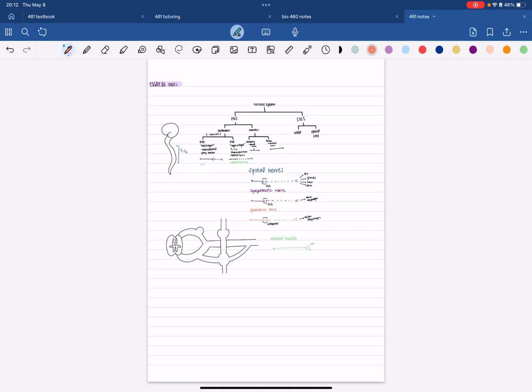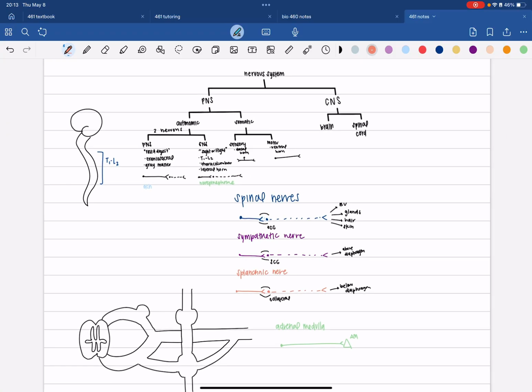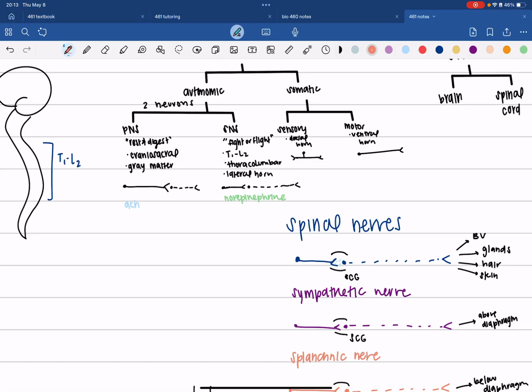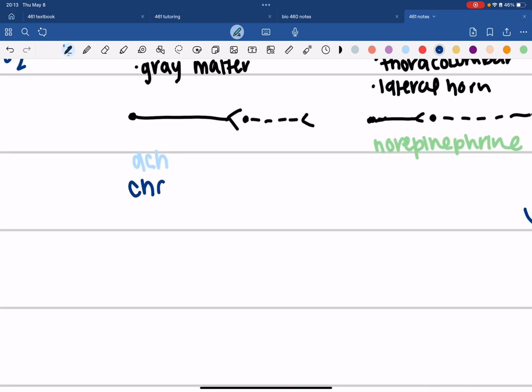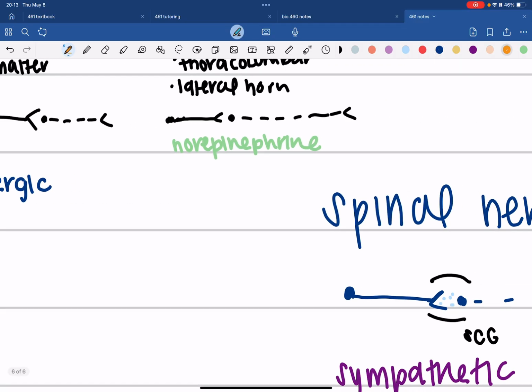Now for our receptors, we just have different types of receptors that respond to these neurotransmitters. We have two main ones. For our parasympathetic nervous system, we're going to be looking at things that respond to acetylcholine mainly. We're going to call that cholinergic receptors. For things that respond to epinephrine, we're going to call that adrenergic.